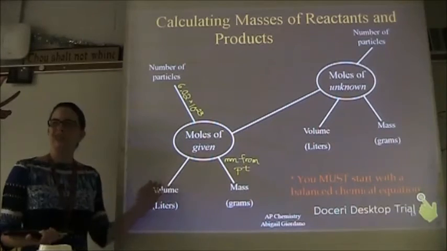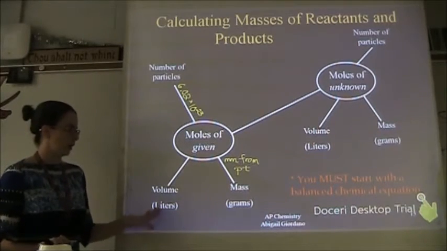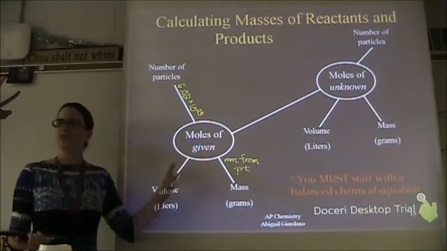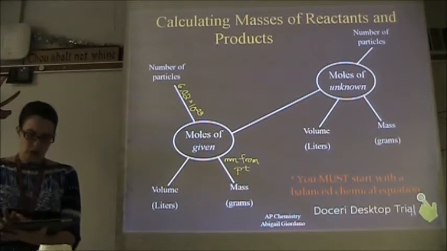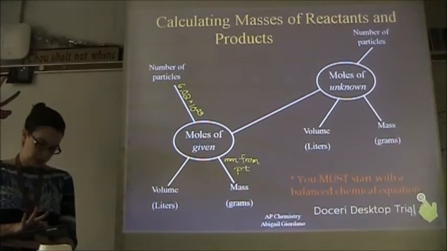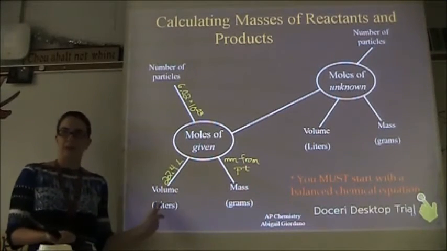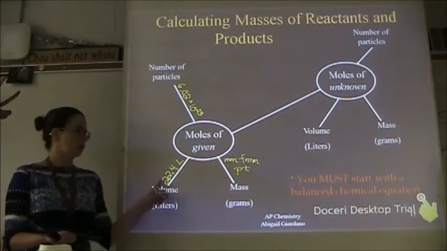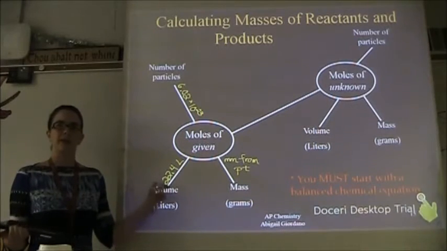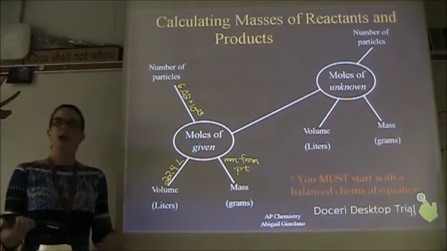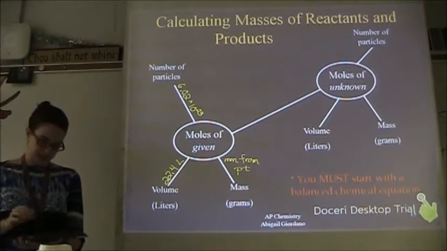This one is a little, you're not going to see this one quite as much, but liters to moles, do you remember the number? 22.4, okay. Now, there's a little caveat with this one. See if you remember, you are only permitted to use that number if what? Okay, if it's a gas, first of all.